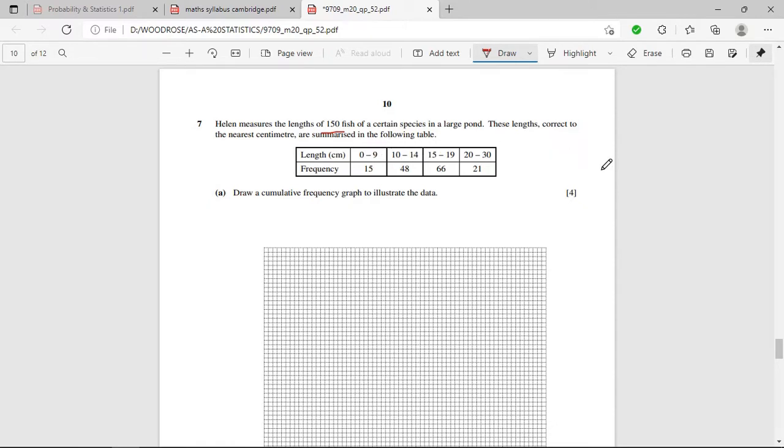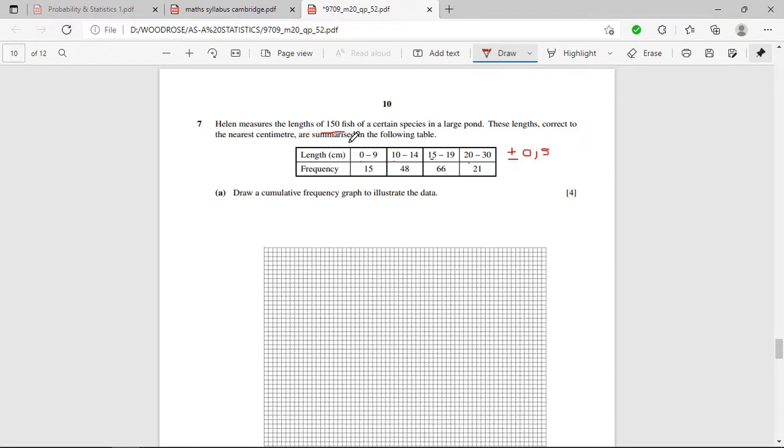We close these gaps by using this plus or minus 0.5, where we subtract 0.5 from the lower limits, then add 0.5 to the upper limits. For instance, we subtract 0.5 from all these lower limits, and the upper limits we add.